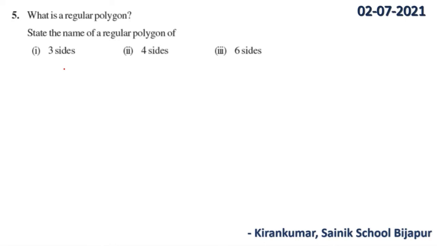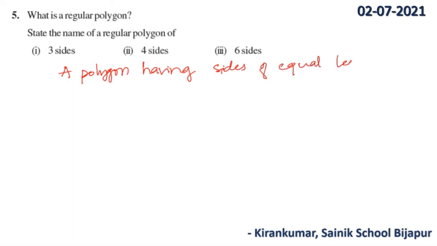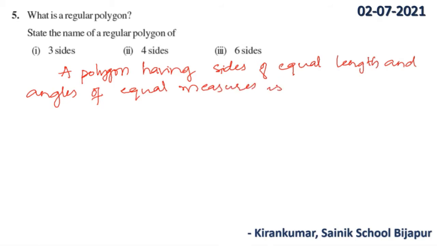So we can say that a polygon having sides of equal length and angles of equal measures is called a regular polygon.